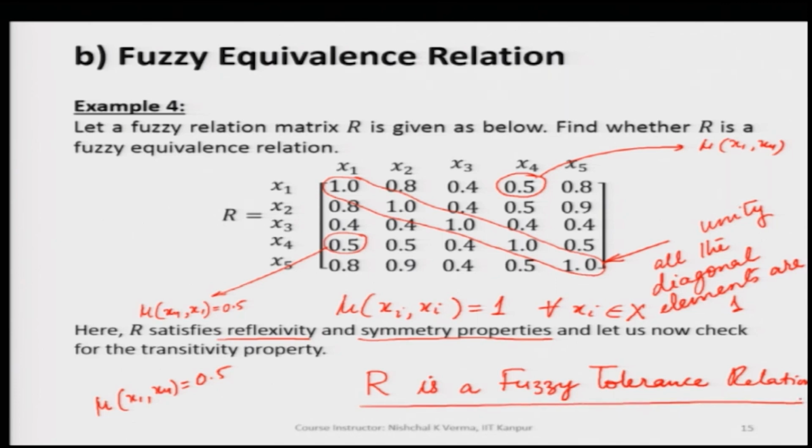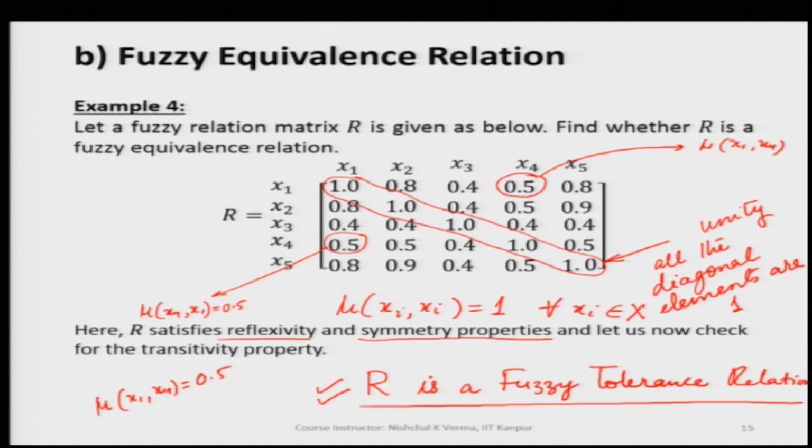But here, since we are interested in finding whether fuzzy relation set R is a fuzzy equivalence relation or not, it is quite interesting to note that a fuzzy relation has to be first a fuzzy tolerance relation before it can qualify to become fuzzy equivalence relation. So, this step is must.